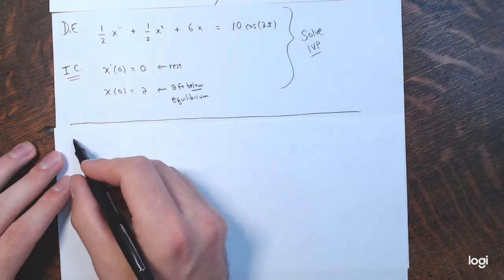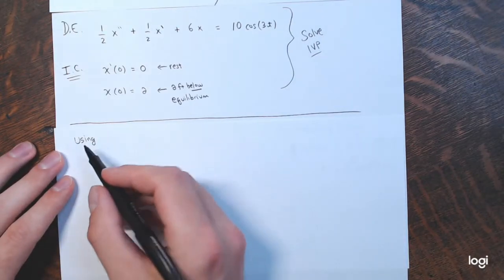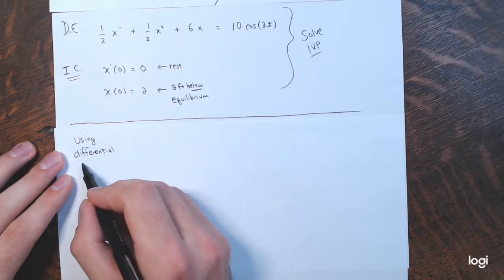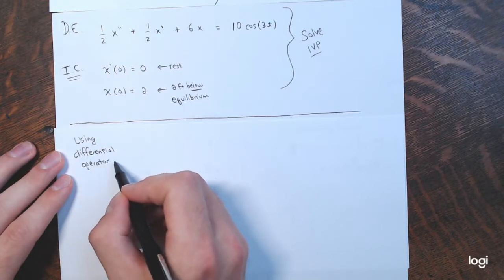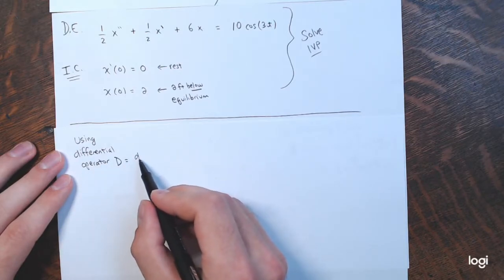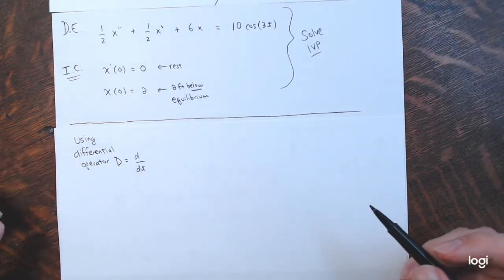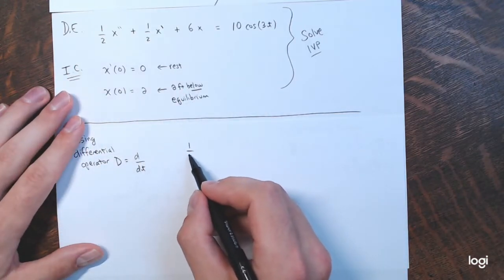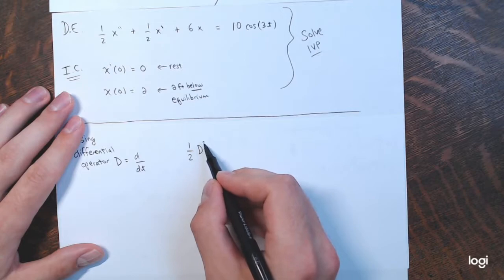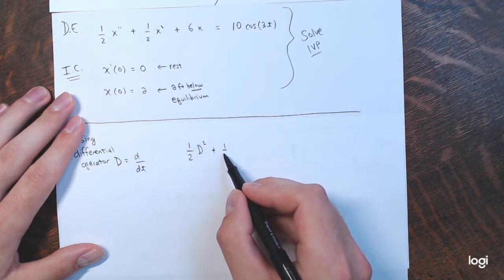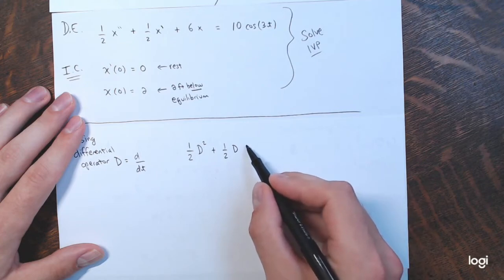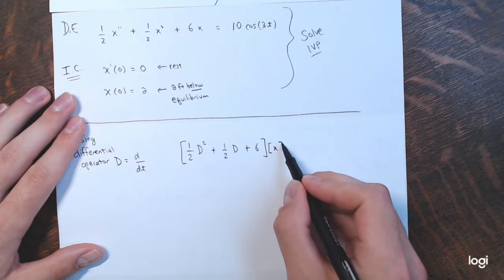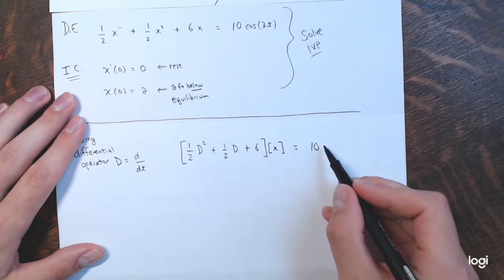So using differential operator D, where D equals d dt, the derivative with respect to t, the first equation would look like the following. We'd have half D squared plus half D plus 6 applied to the function x equals 10 cosine of 3t.